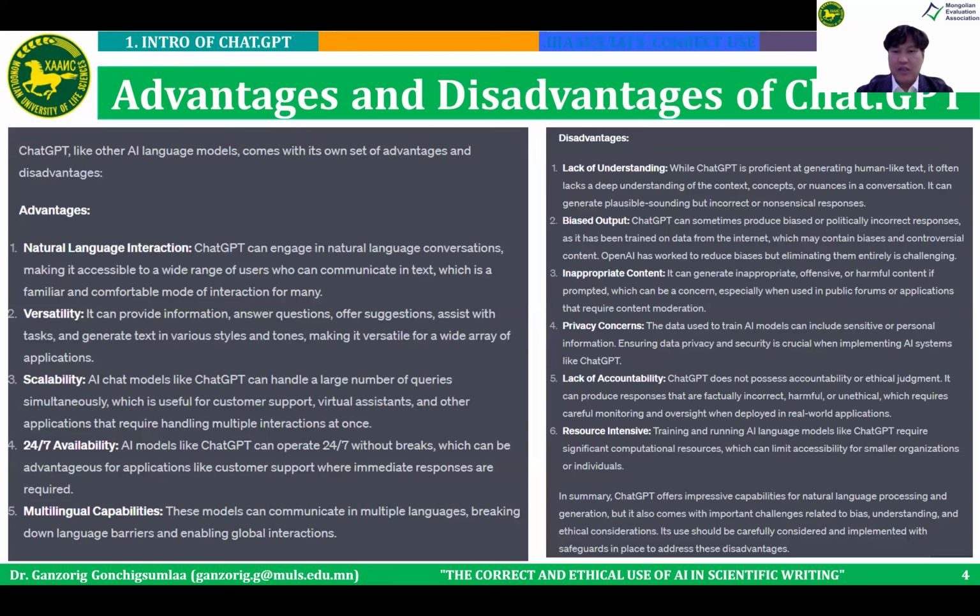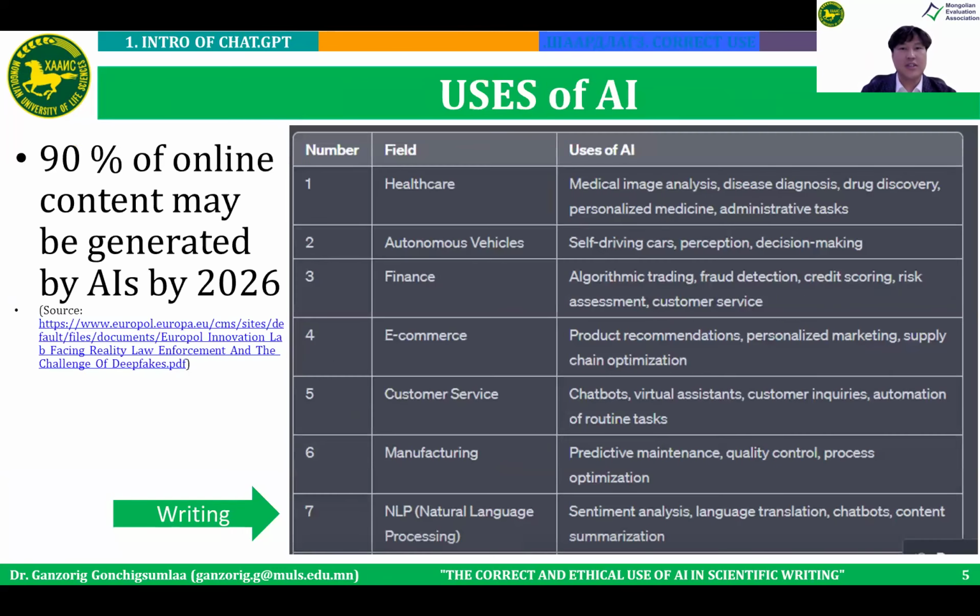So it needs lots of resources to compute or to generate those responses, meaning that it uses more resources like energy. In the end, the energy consumption is too high because of this system. So 90% of the online content may be generated by AIs by 2026.